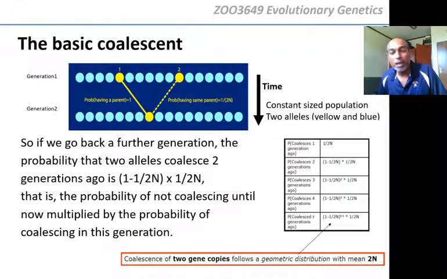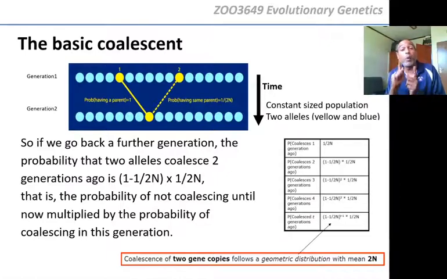And so with the number of generations to coalescence increasing, you simply add another 1 minus 1 over 2n at each point, that it's not coalescing, until the coalescence generation, which is always the last one, 1 over 2n, okay? And so this is the geometric distribution with a mean of 2n for the coalescent, using 2 gene copies.